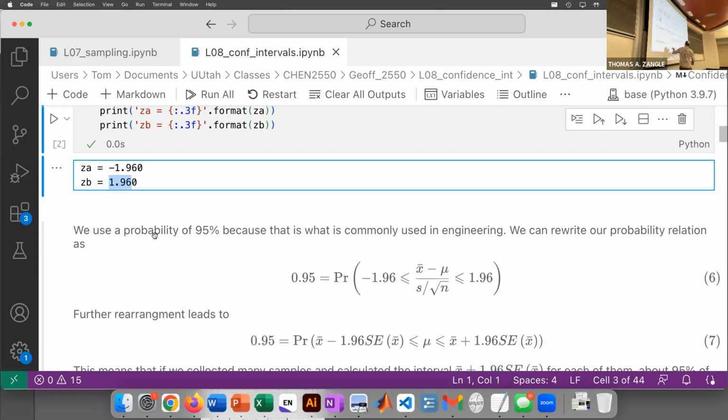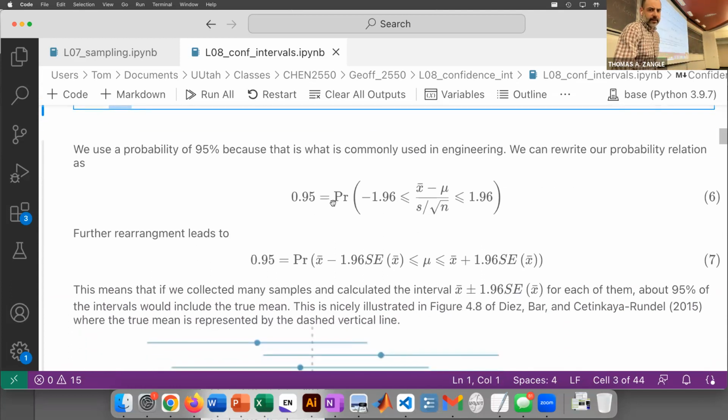And so if we put this back into our expression up above, we'll say that for n greater than about 30 or so, if we know what the population mean is, or we're asking a question about the population mean, then there's a 95% probability that the z-score associated with the sample mean is between minus 1.96 and 1.96.